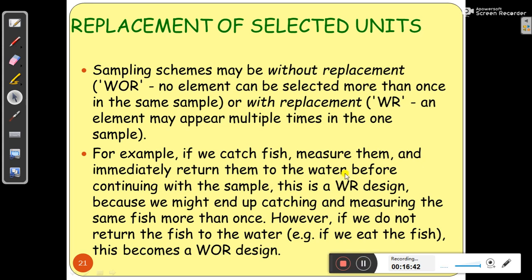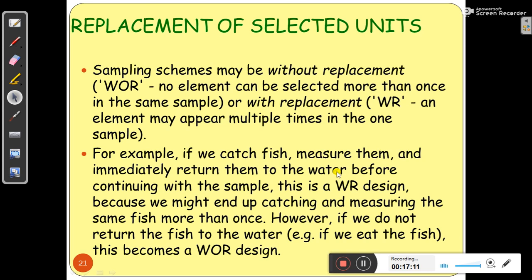So there are two types of sampling schemes: without replacement, where no element can be selected more than once in the sample, or with replacement, where one element might appear twice or thrice or multiple times in the sample set. For example, if we catch fish, then we measure them and immediately return them to the water before continuing with the sample.